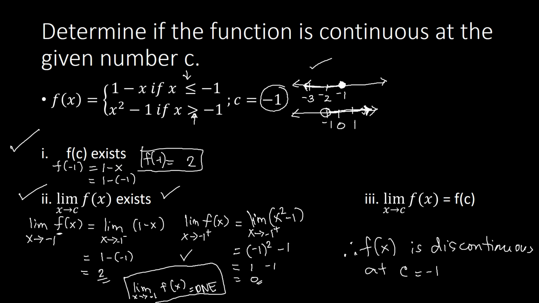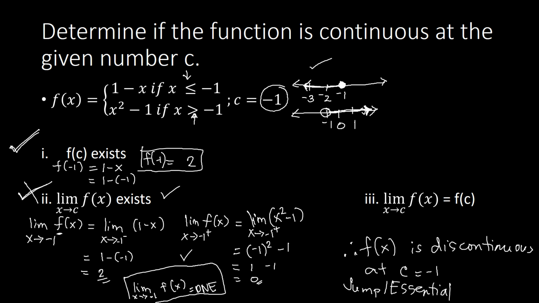Forgive me on that one. Let me redo that. When you've got an existing f of c but your limit is not existing, that means our type of discontinuity here is a jump or essential discontinuity.